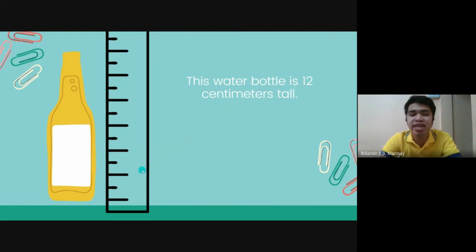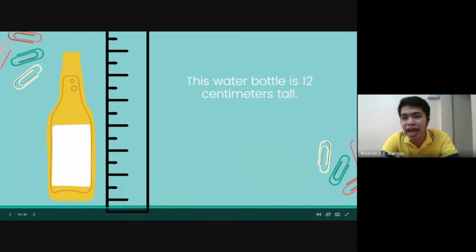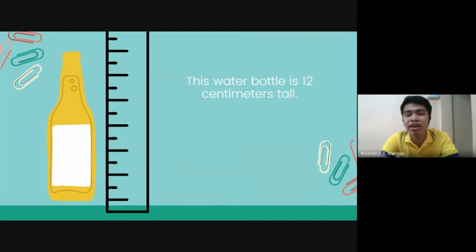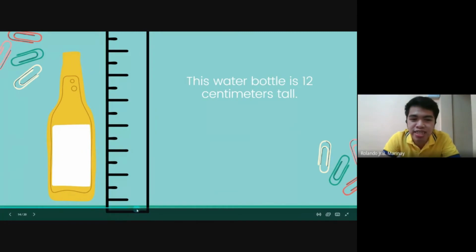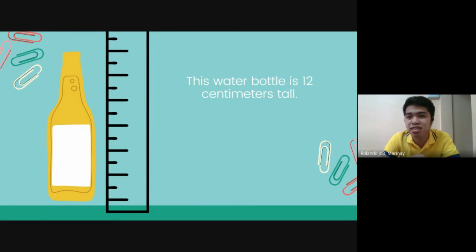So we're going to begin measuring in that part. We're going to align the tip of the object to that zero, and then we're going to see what number is at the next tip or the top part of the object, and that is the height of the object that we're measuring.